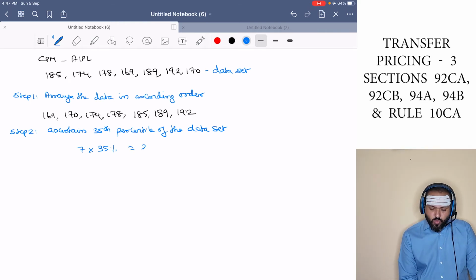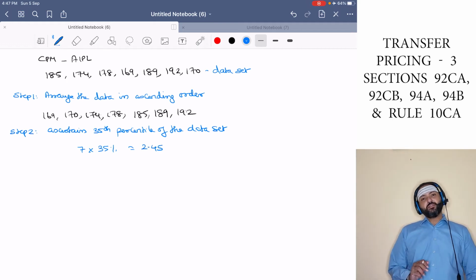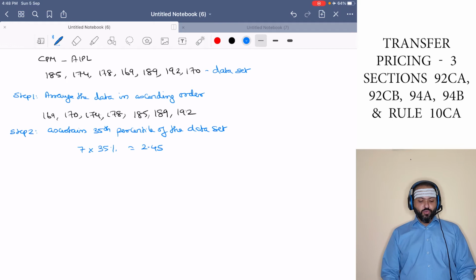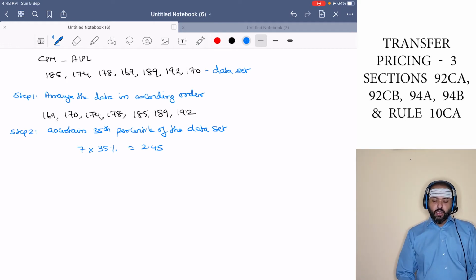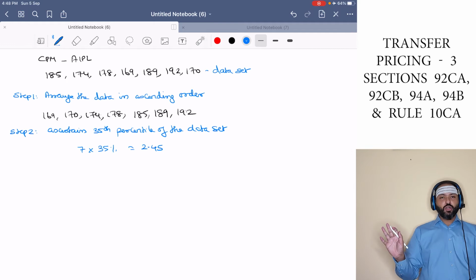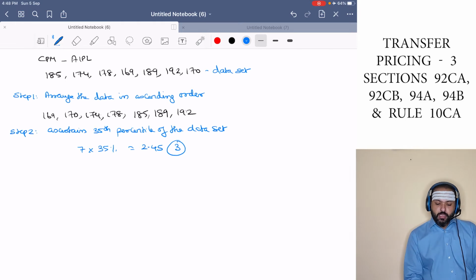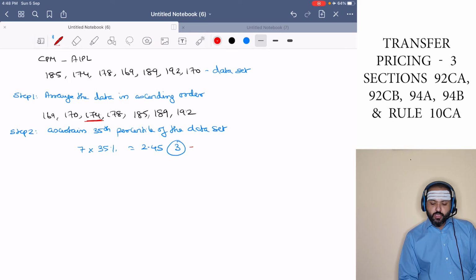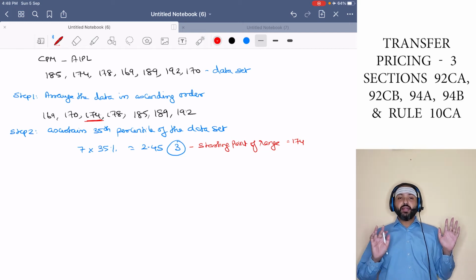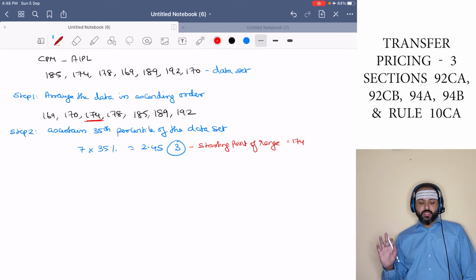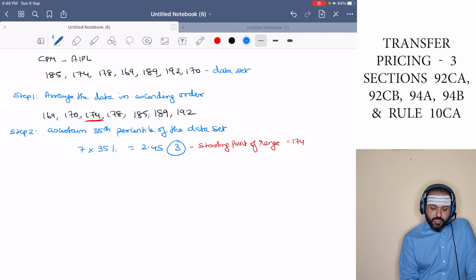How much is that? 2.45. 7 into 35% will be 2.45. So that is the 35th percentile. Now, is this a whole number? No, it is not a whole number. So round it off to the next number, 3. Therefore, the third number will be the starting point of the range. So the starting point of the range is 174 rupees. So my range of prices will start at rupees 174. Now let us proceed with the next step.